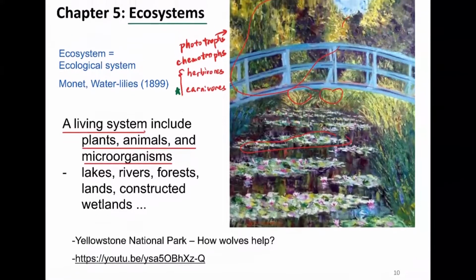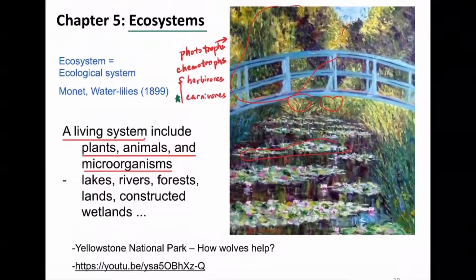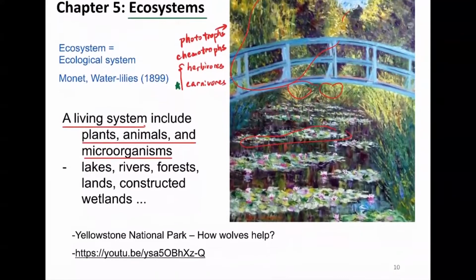A typical example that people use is the wolves in Yellowstone National Park. There was a period of time in the United States when people got rid of all the wolves, because they felt it was too dangerous to the animals and also to human beings. It turns out that this actually caused some ecological disasters, especially for Yellowstone National Park.